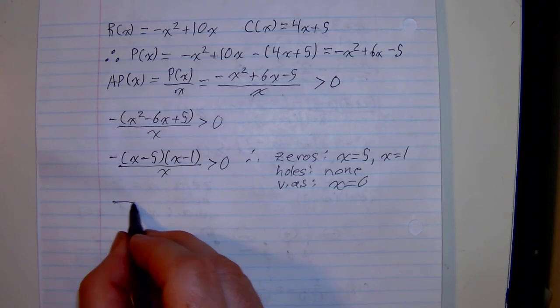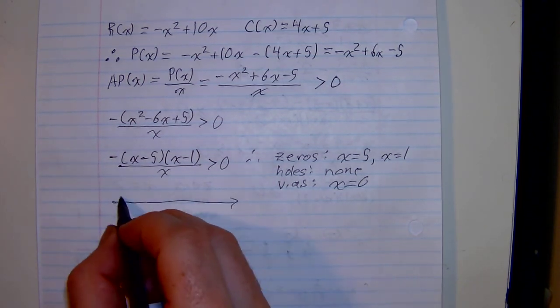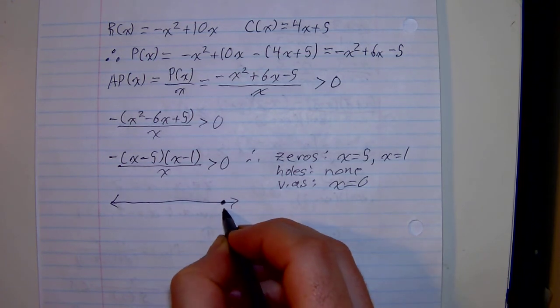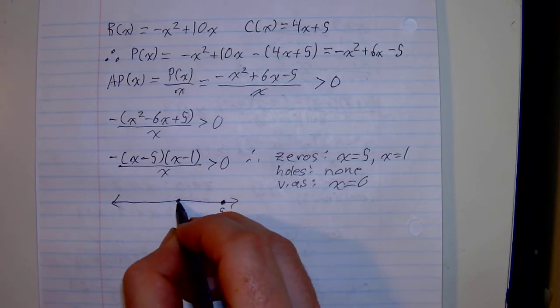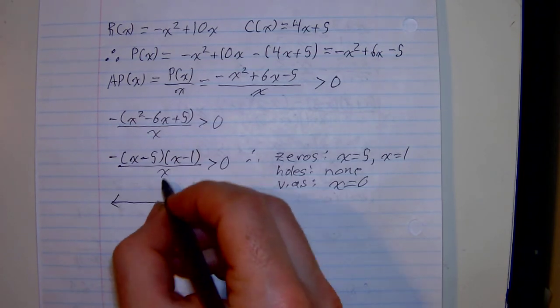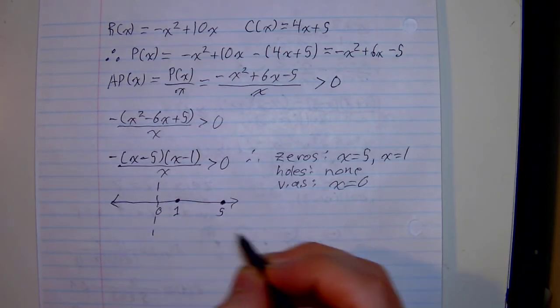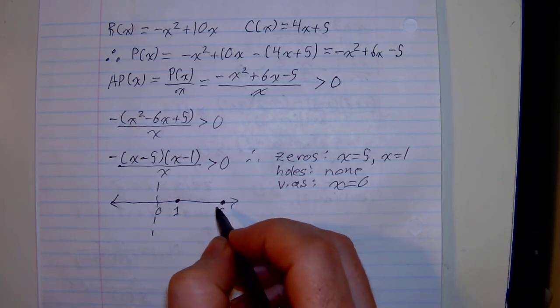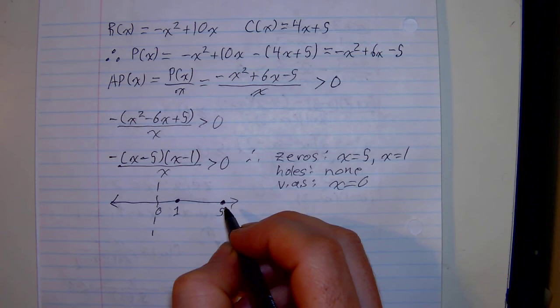So now we can draw a quick sketch of the graph. At 5 we have a 0. At 1 we have a 0. At 0 we have a vertical asymptote. And we can test some values in between these points and see what's happening.